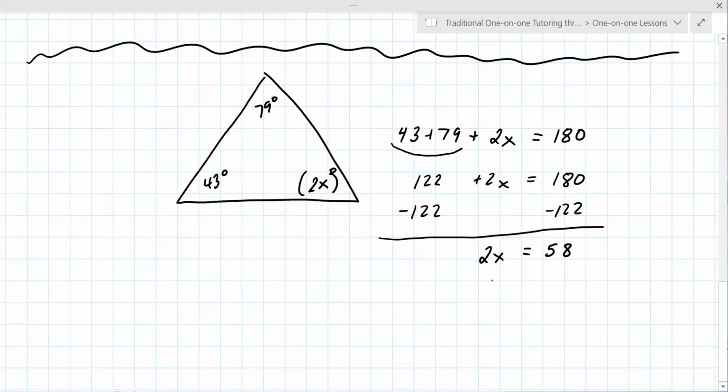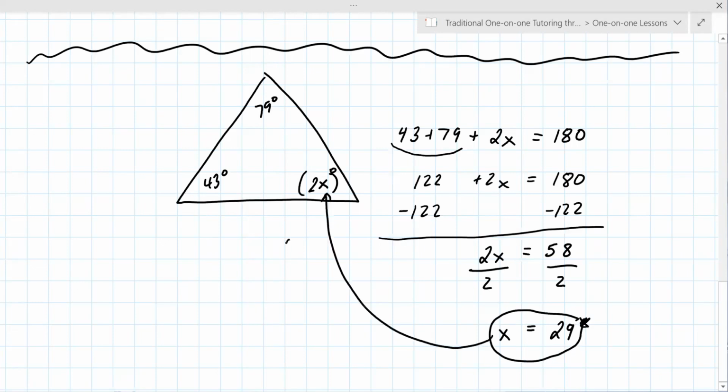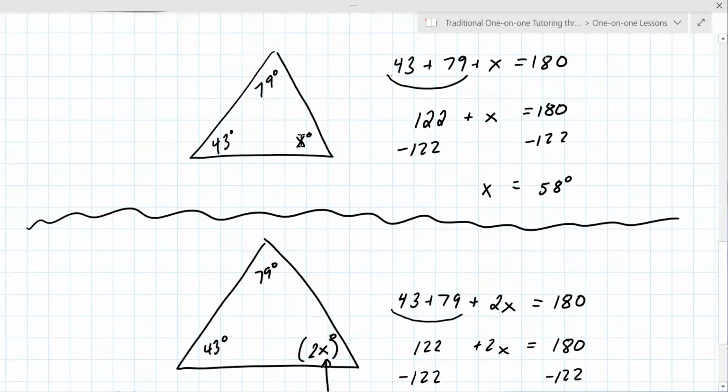You divide both sides by 2, and x is 29 degrees. But that's actually not the angle. X is 29, and that's what I'm trying to show you here. When you put x back in, what is 2 times 29? 58, which is what we got in the previous problem.